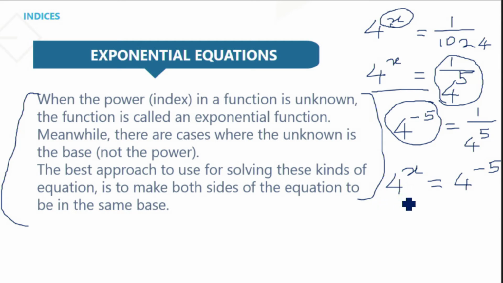Now, since their bases are the same, and given that this is an equation, then their powers must be the same. You can write that down, it's very important. Since their bases are the same, then their powers must be the same. Therefore, x is equal to minus 5.